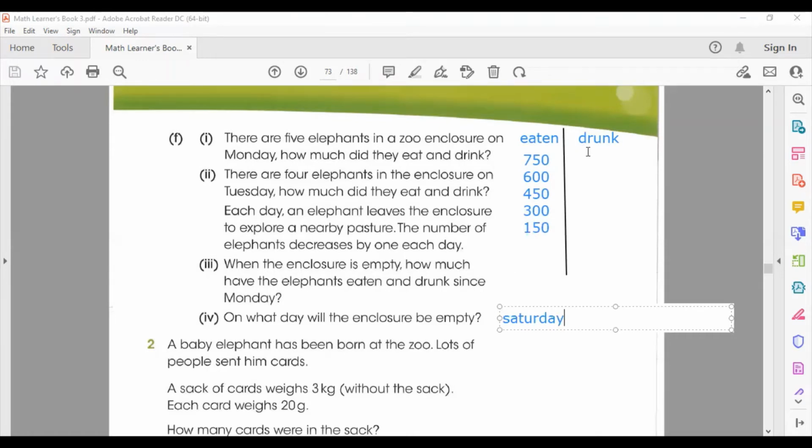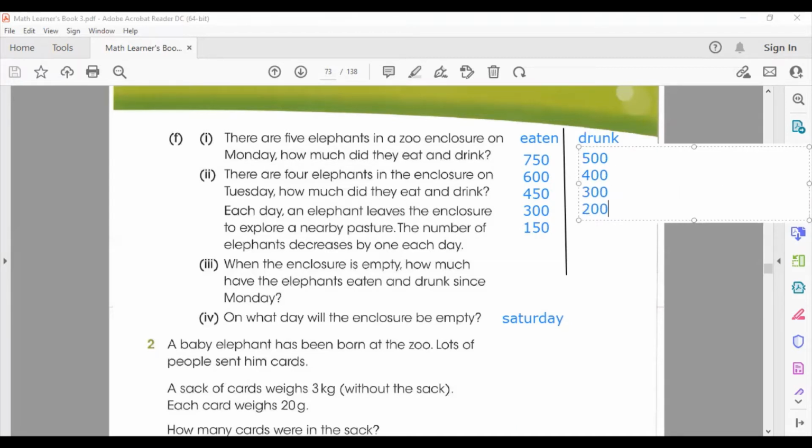Okay, for drinking, on the first day with 5 elephants, 500 liters, then 400 liters, then 300 liters, then 200 liters, then 100 liters.